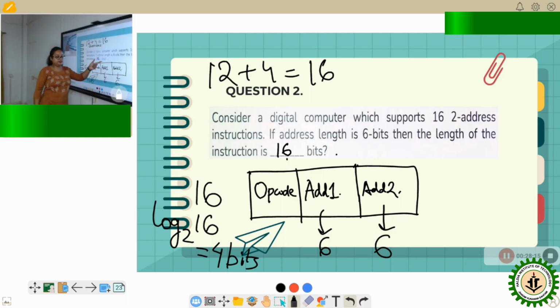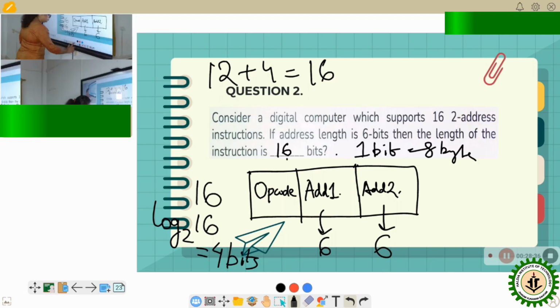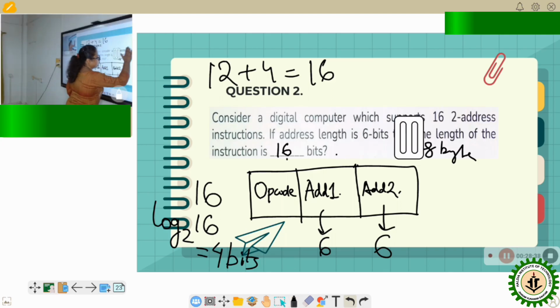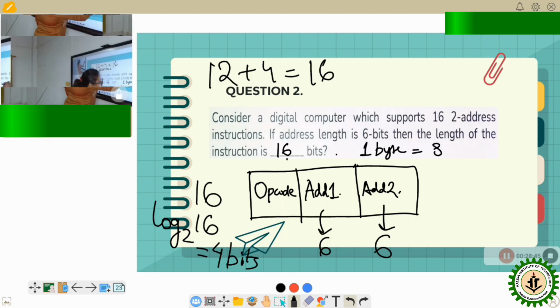It is not bytes, it is only bits. If the question was in bytes, what would I have to do? 1 byte is equal to 8 bits.